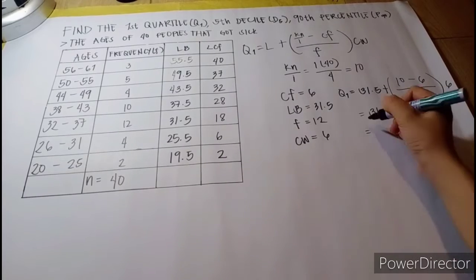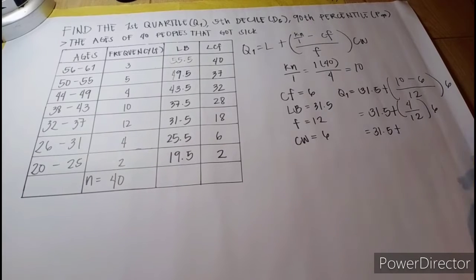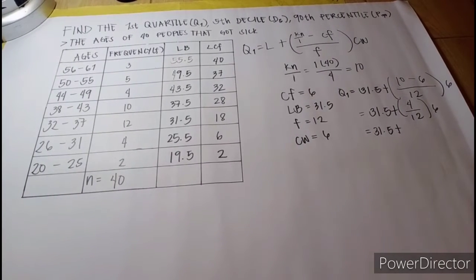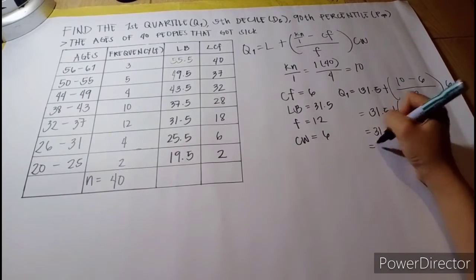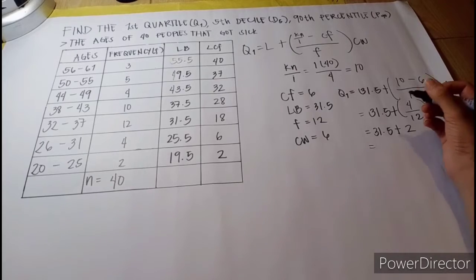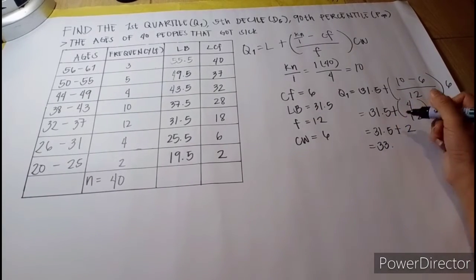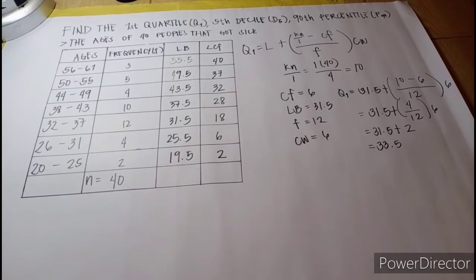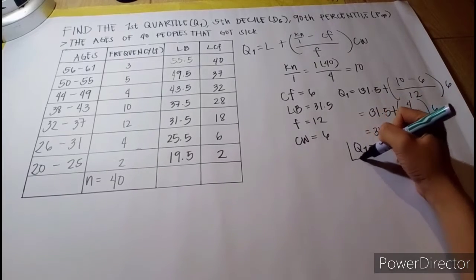So 4 divided by 12 times 6, we will get 2. Then 31.5 plus 2, which is 33.5. So the first quartile is equivalent to 33.5.